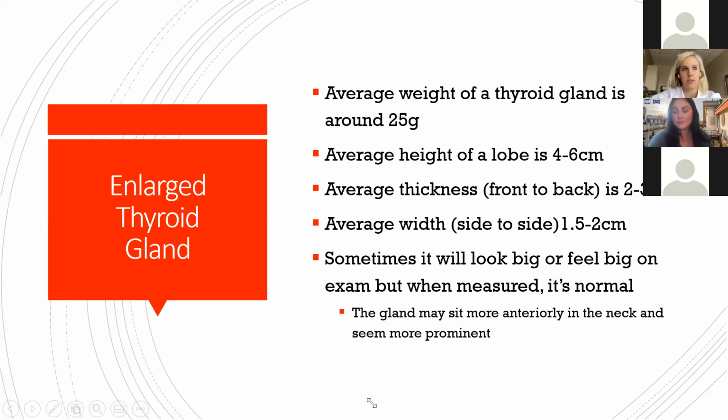So if you see one that measures like 5.5 centimeters in height, that's okay. That's normal. And I like to keep these numbers in the back of my mind when I'm looking at reports, because they always give you all 3 dimensions. And then the average thickness, that's front to back, that's 2 to 3 centimeters. And then average width, so side to side, it's about 1.5 centimeters to 2 centimeters.